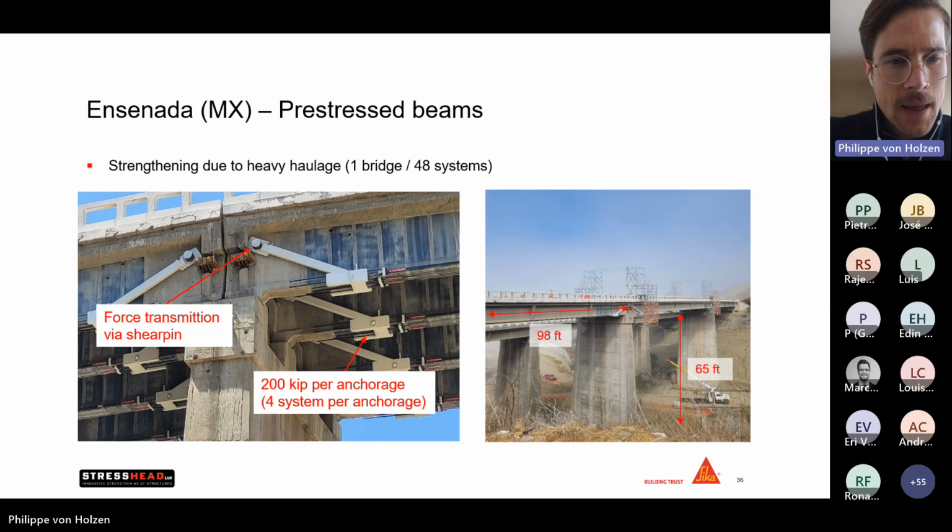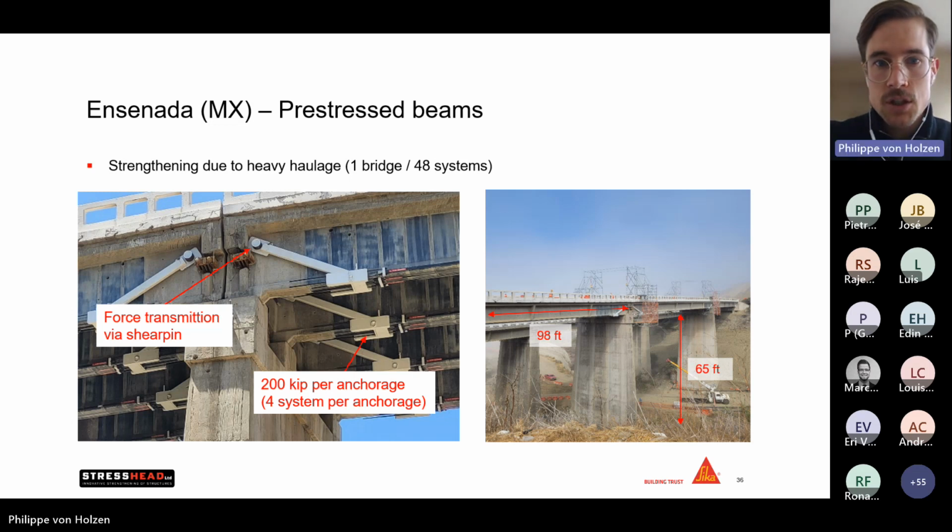We worked with an anchor very similar to the one with the shear pin, with the difference that we made a complete drilling through the whole beam, installed the anchor, and afterwards pushed this shear pin through the perforation to hold the anchor. The anchor was designed so that we could attach 4 systems at once, providing a post-tensioning force of 200 kip or 880 kilonewton per beam.